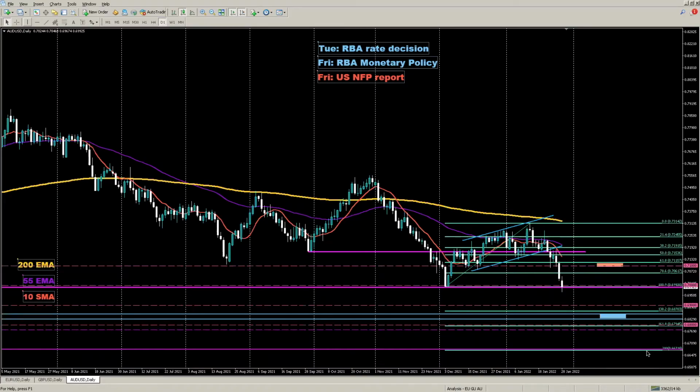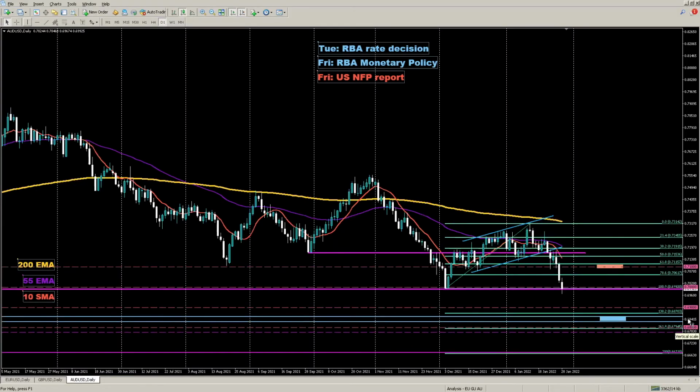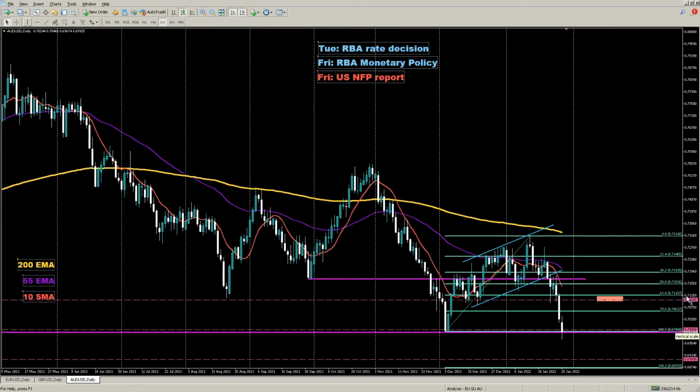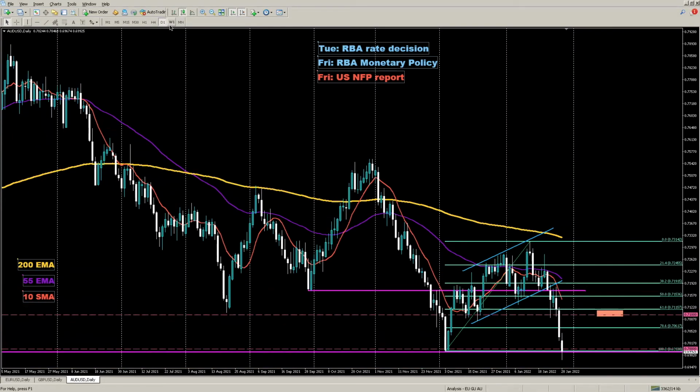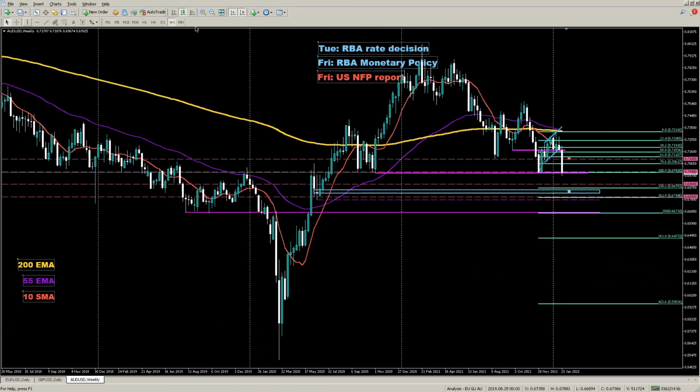And the 200 fib extension aligns with the key swing low area. So this might be a better fit for the fib. Let's go back to the weekly time frame.